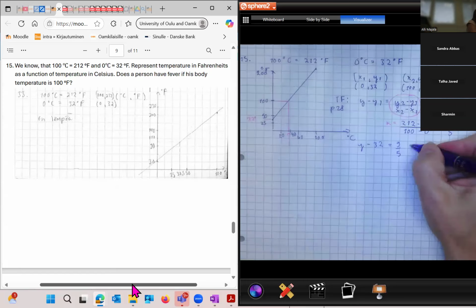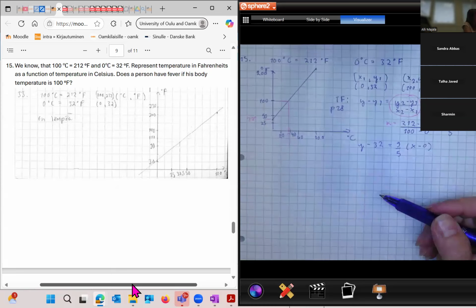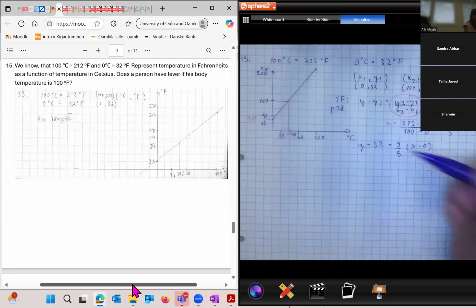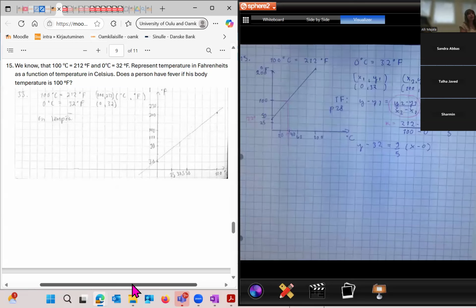Yes? There I will put then the x. And what is the x1? Well, it was 0. Pretty simple, yeah? And I get the equation for this line that I draw. Just like we did last time, but this was a bit more practical example.